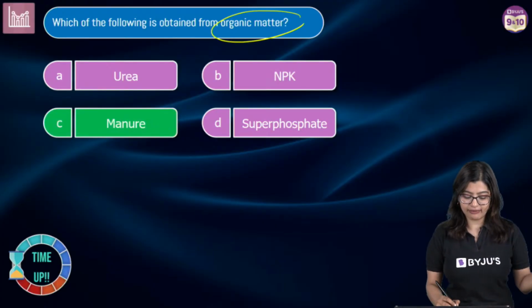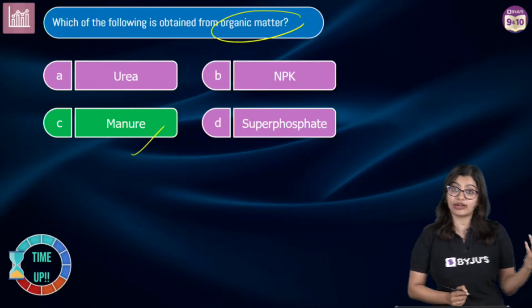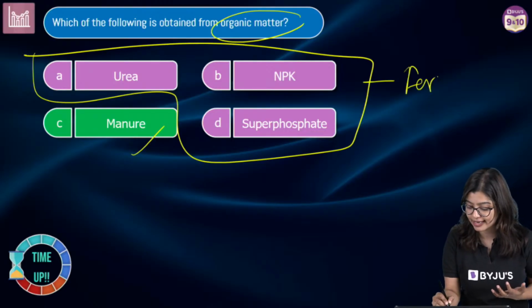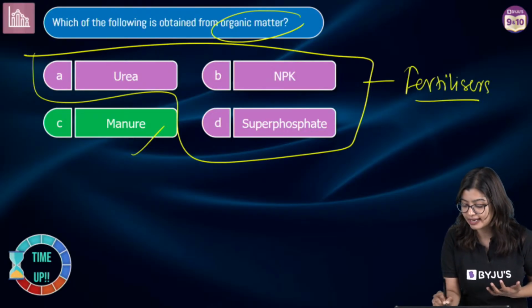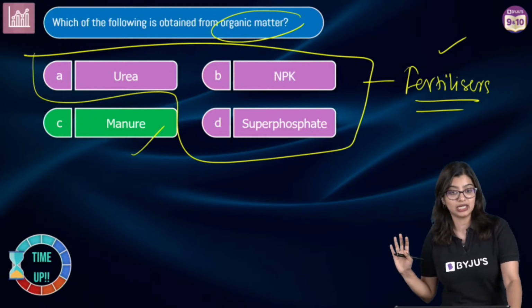Very good everybody. Correct answer is option C, manure, which is obtained from organic substances, while these three are all examples of fertilizers that are obtained inorganically. So correct answer here is option number C.